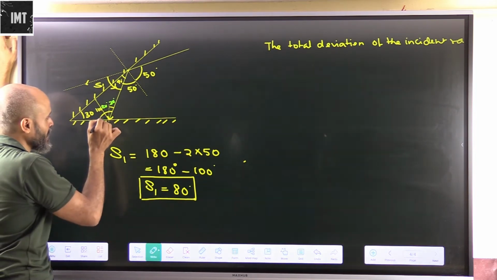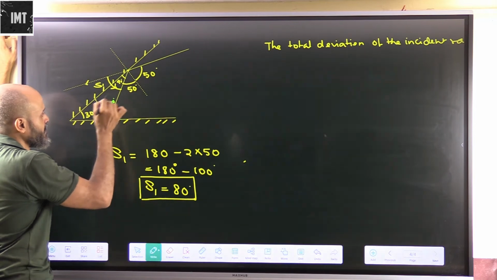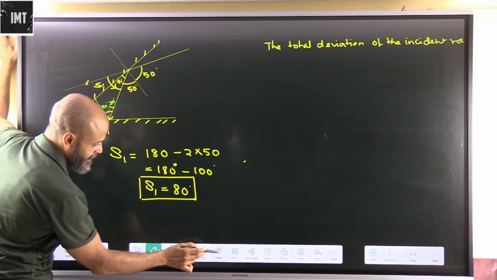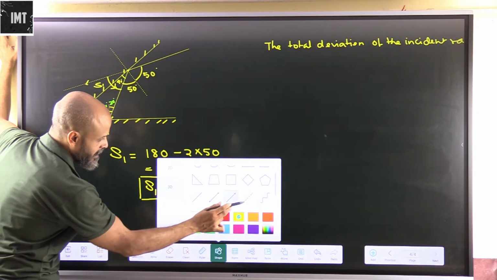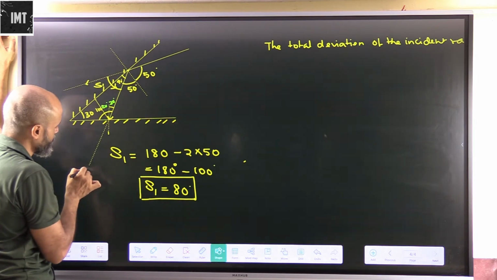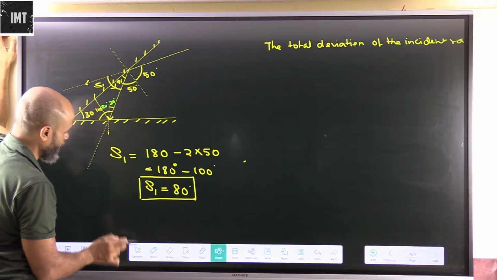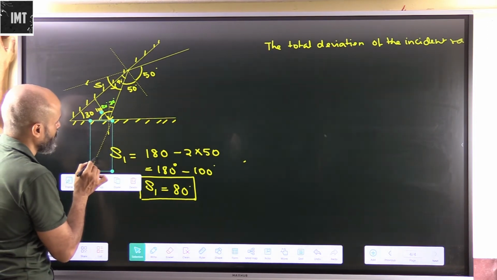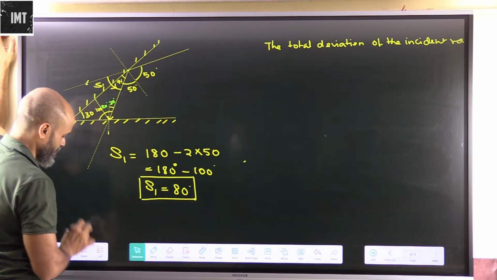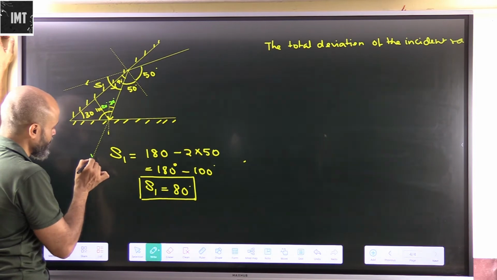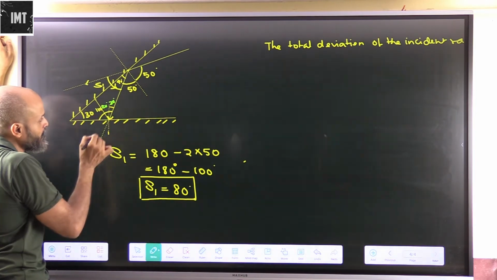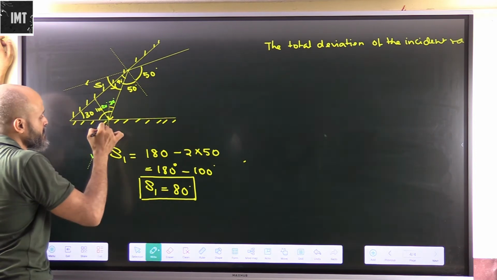If I were to calculate the deviation, look at this deviation here. The incident ray was coming in this direction at this surface, and now it has got deviated by this angle.